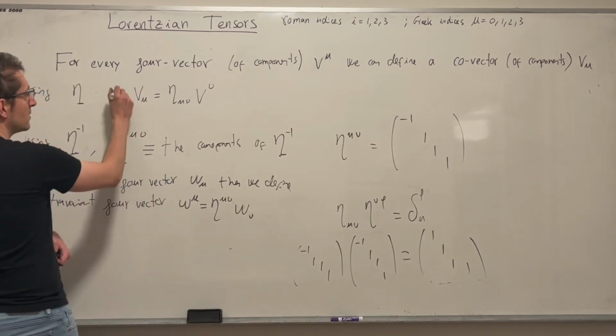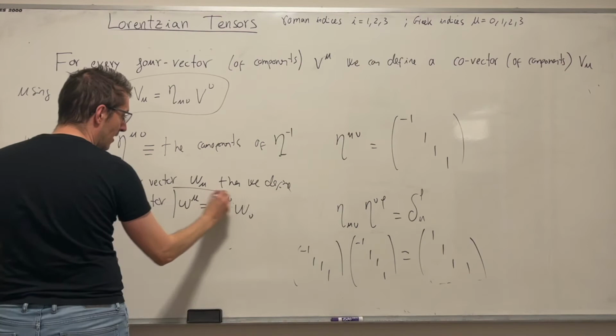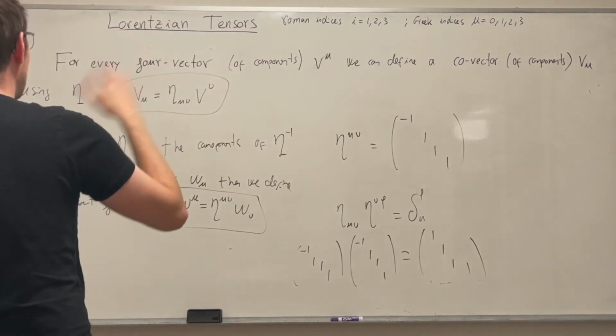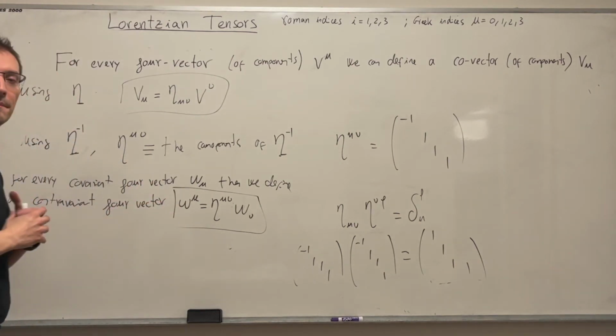Okay, so we can lower and raise indices with a metric. We can associate for every vector a covector, and for every covector a vector.